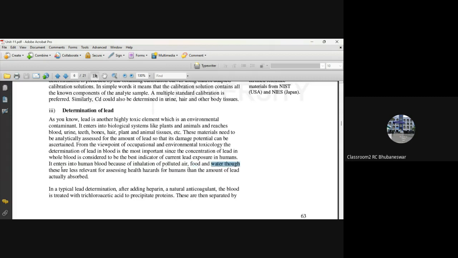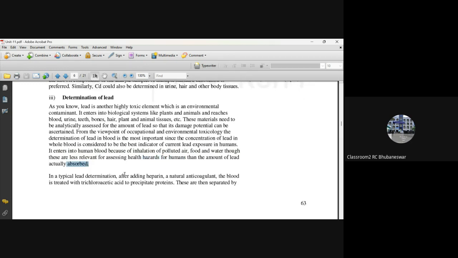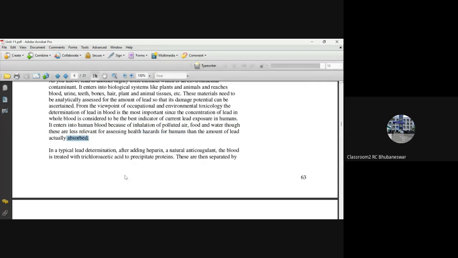Though these are less relevant for assessing the health hazards for humans than the amount of lead actually absorbed. We have to see how much has actually been absorbed, which can be studied by taking your blood.